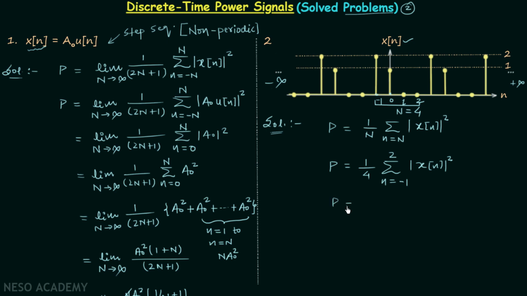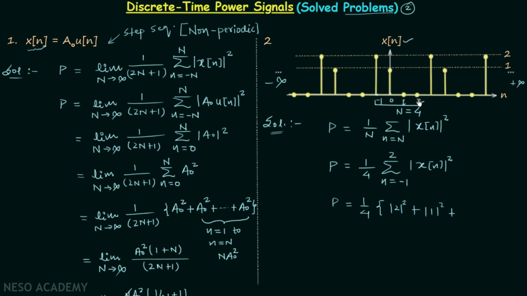Now let's solve for the different values of n. When n is equal to minus 1, you can see that x[n] is equal to 2. So we have mod 2 square plus when n is equal to 0, you can see that x[n] is equal to 1. So we have mod 1 square plus when n is equal to 1, x[n] is 0.